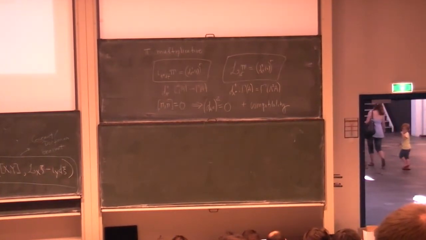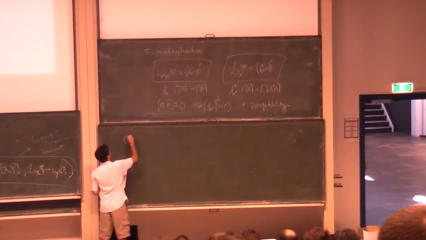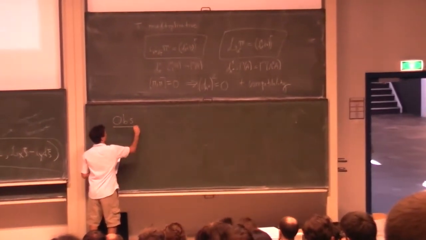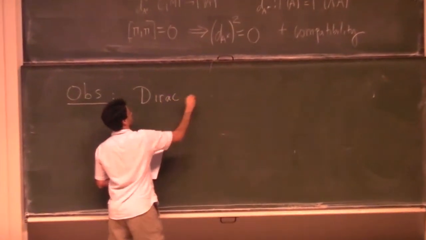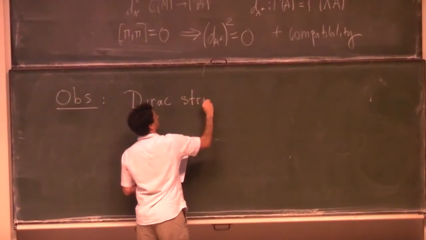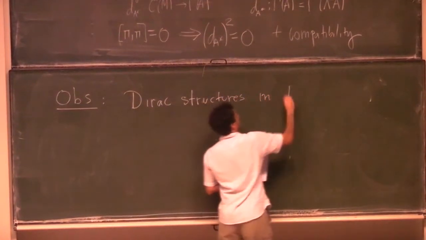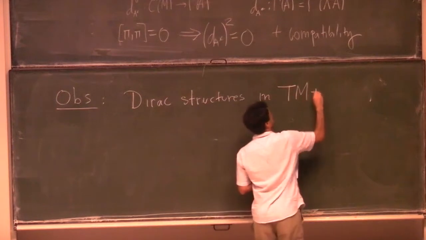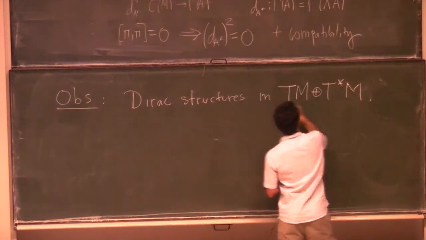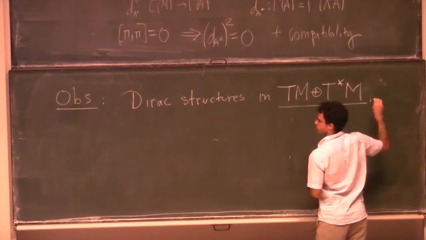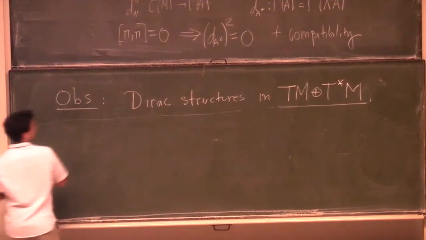So one observation is that you have many interesting examples in this particular Courant algebroid. So this one that I was talking about.